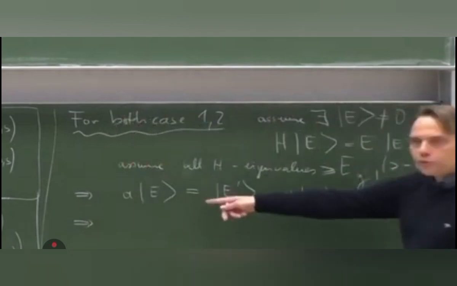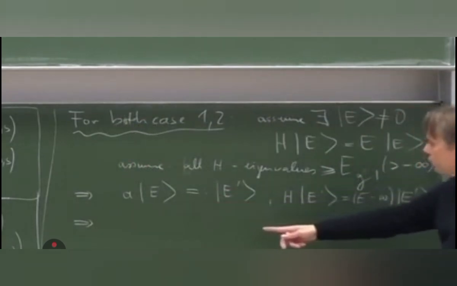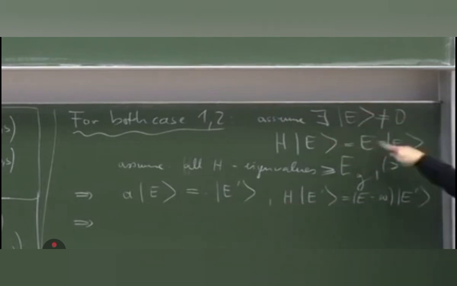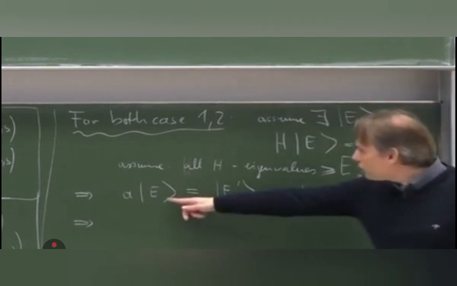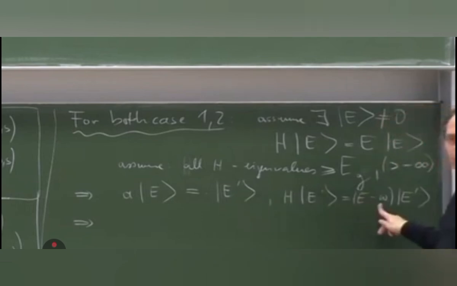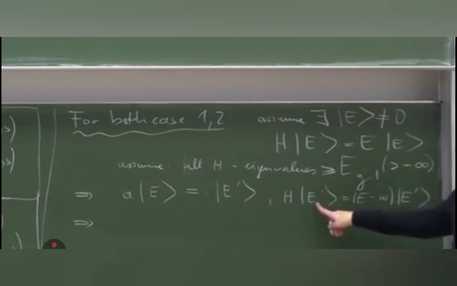But now you can repeat this procedure as many times as you want. E prime again satisfies the same assumption. And so you hit again with A and you decrease the energy by omega more and more times. So you can decrease the energy by as many omegas as you want, unless at some point the state becomes the zero vector.